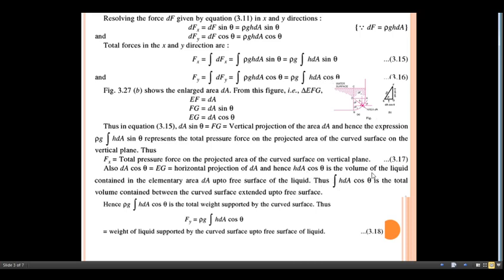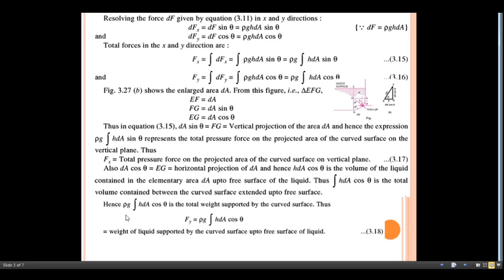h dA cos of theta is the volume of the liquid contained in the elementary area dA up to the free surface of the liquid. Thus the integration of this term h into dA into cos of theta is the total volume contained between the curved surface extended up to the free surface.